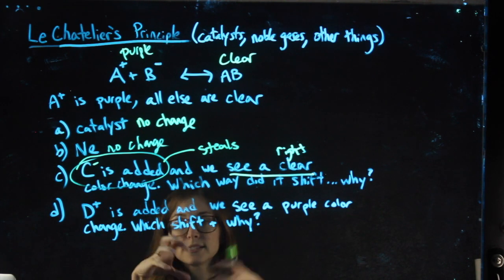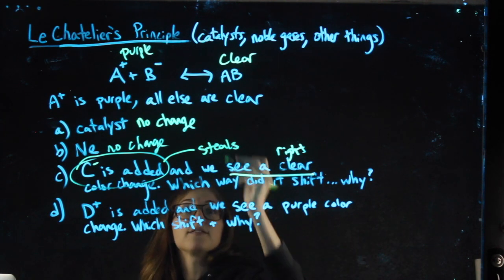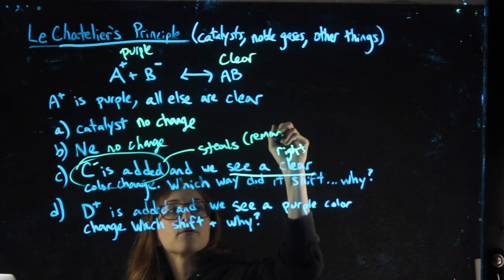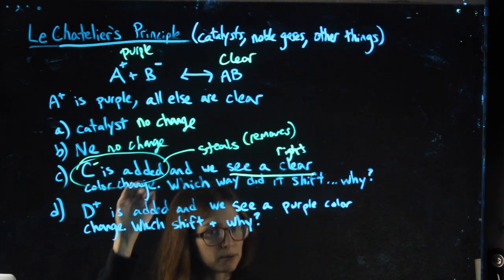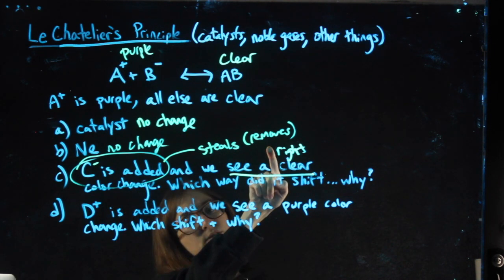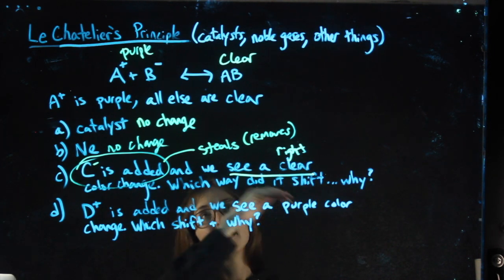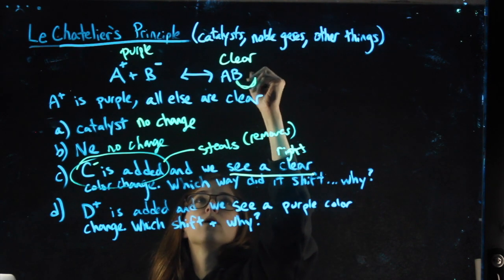It bonds to it, steals it, and takes it away. It effectively removes it from the reaction. So if we are adding something not a part of the reaction, it's going to remove something and cause a shift right. That sounds like we must have a hole on the right.